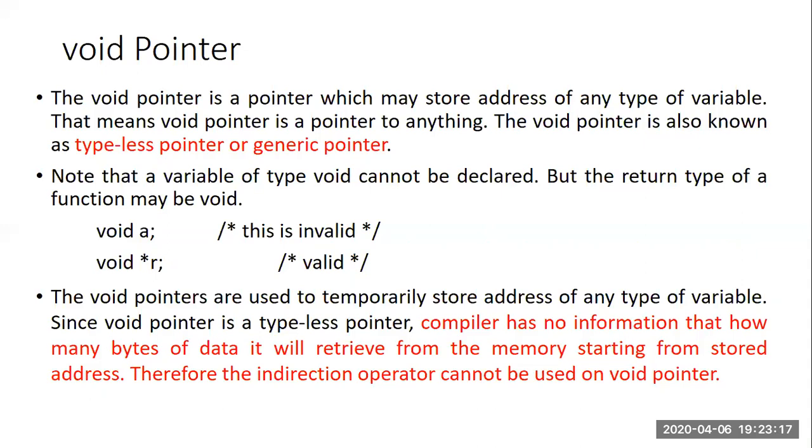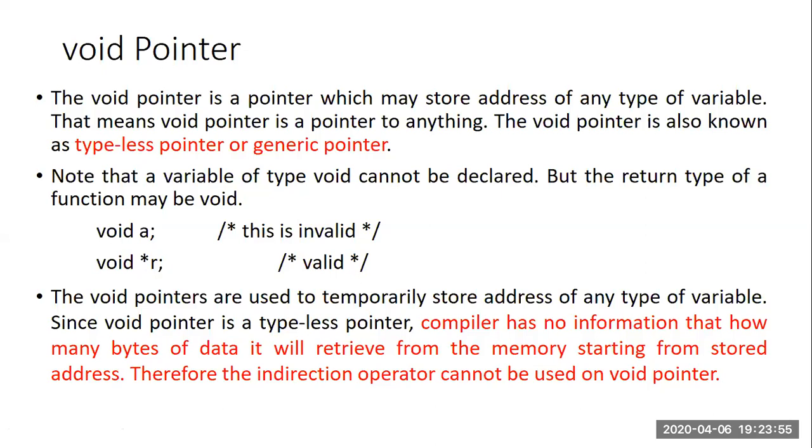That means a void pointer is a pointer which can store the address of any type of variable, any data type.